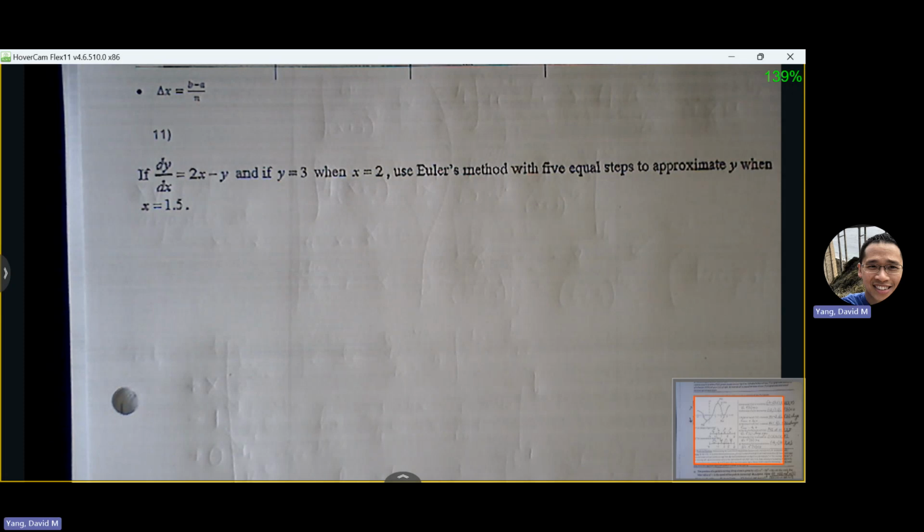Whenever I do Euler's method, I like to start off by creating my table and then work my way through.